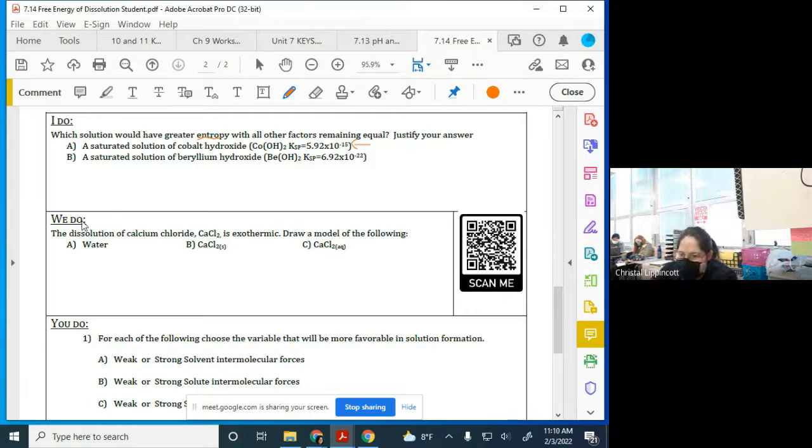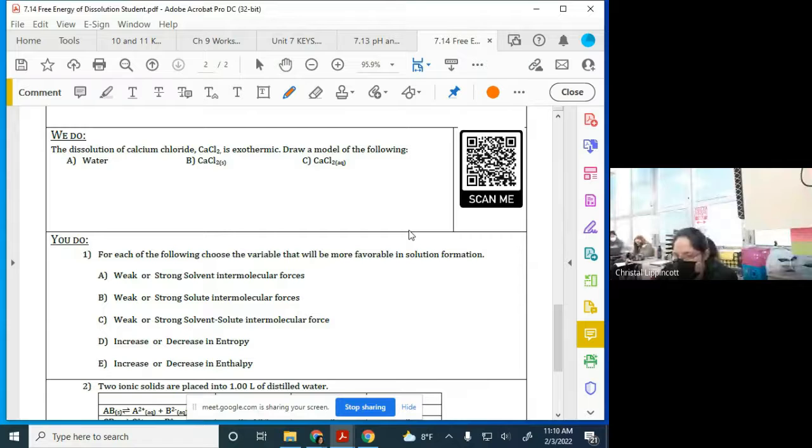All right, the dissolution of calcium chloride here is exothermic. They want you to draw the following models. So when we're looking at water, remember our water molecules. We have our water molecules, and they have the intermolecular forces between the molecules, and we're getting rid of those intermolecular forces with our water.